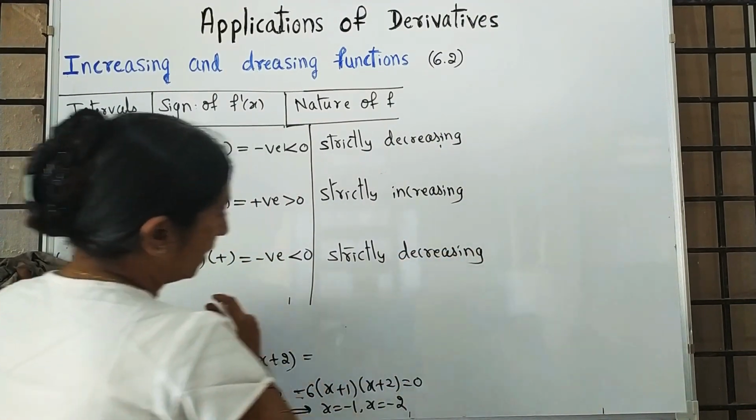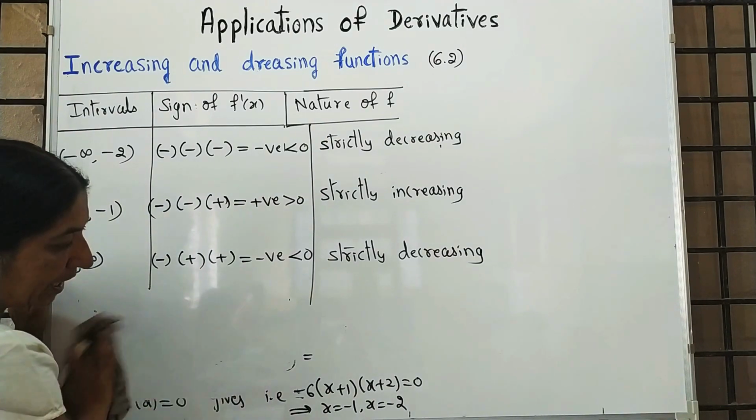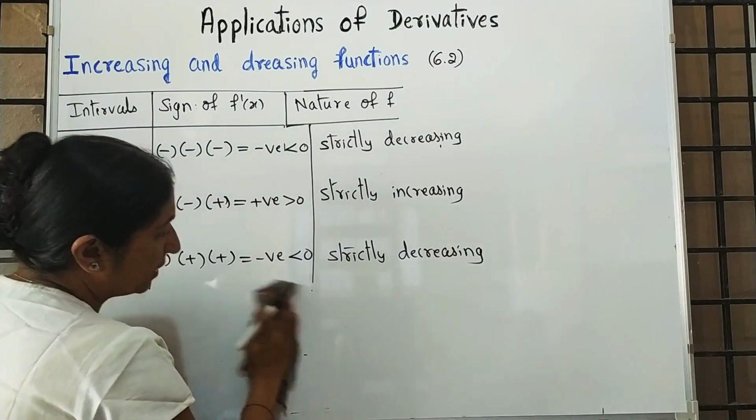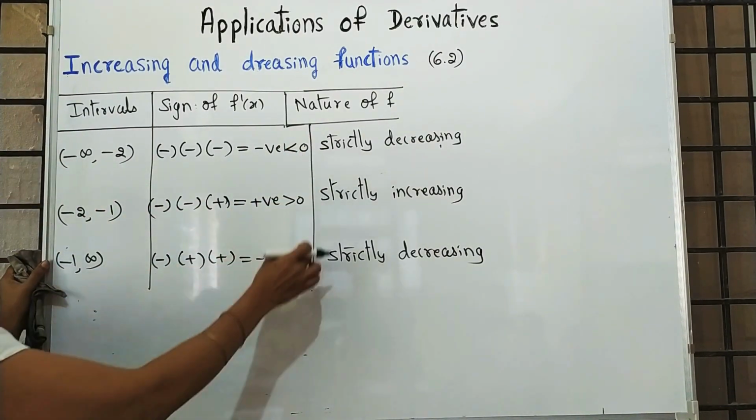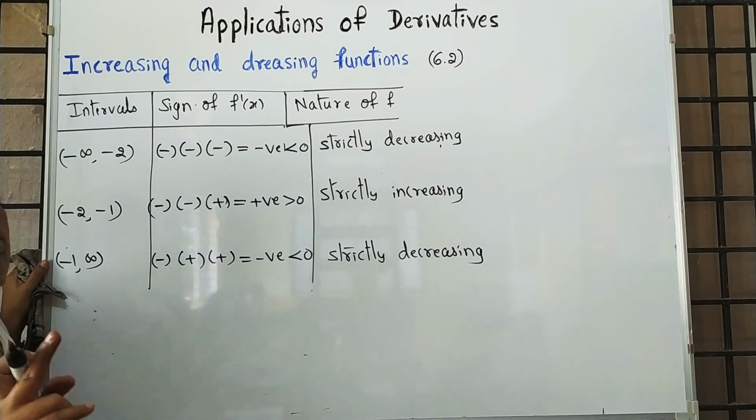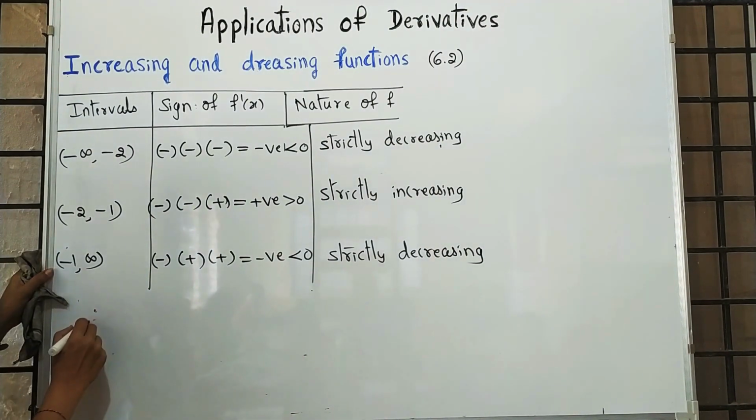It is strictly decreasing. As I told in the last class, if you are interested you can combine the first and the last, because in the first and the last the function is strictly decreasing.